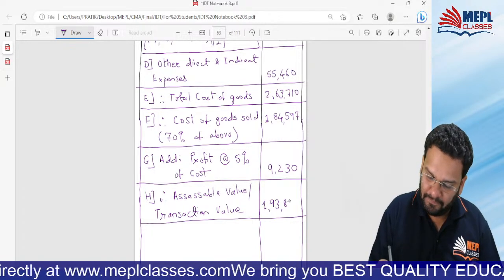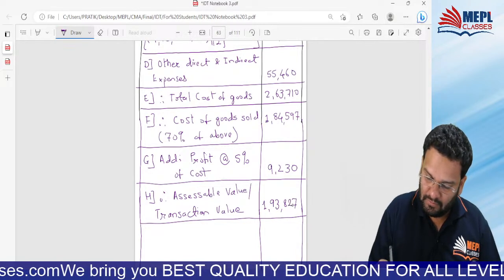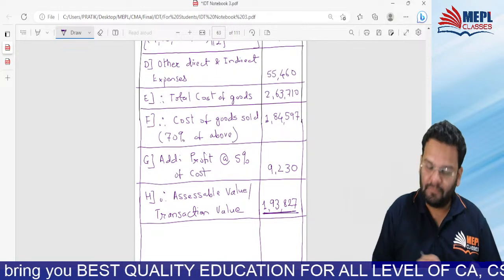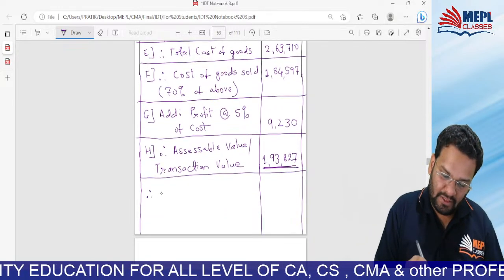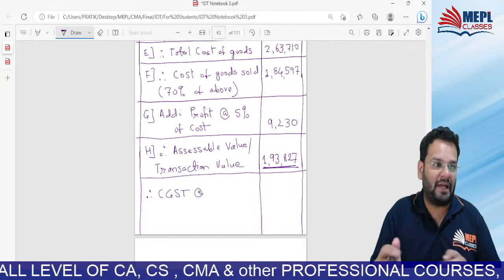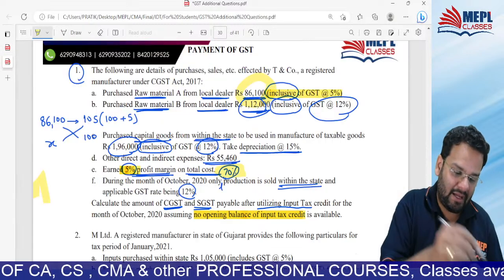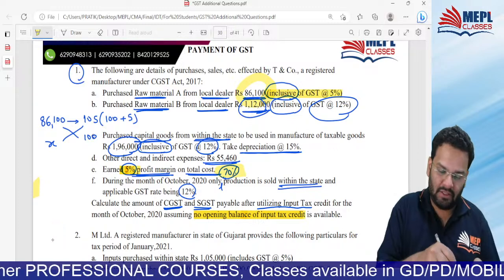Got it? And now please calculate. Therefore, CGST, because it's an intrastate supply. So CGST at, what is the percentage of GST given? Check.